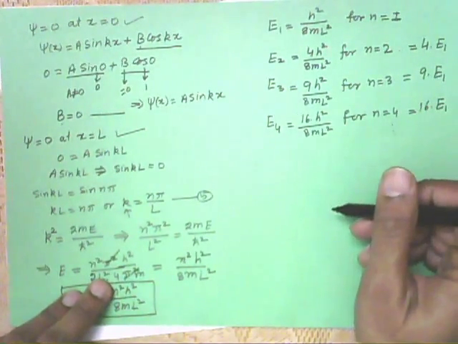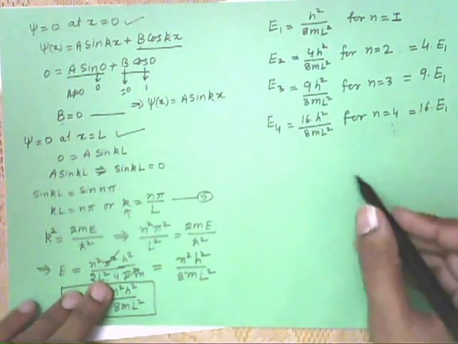So it means all the energy levels are discrete and these are not uniform.